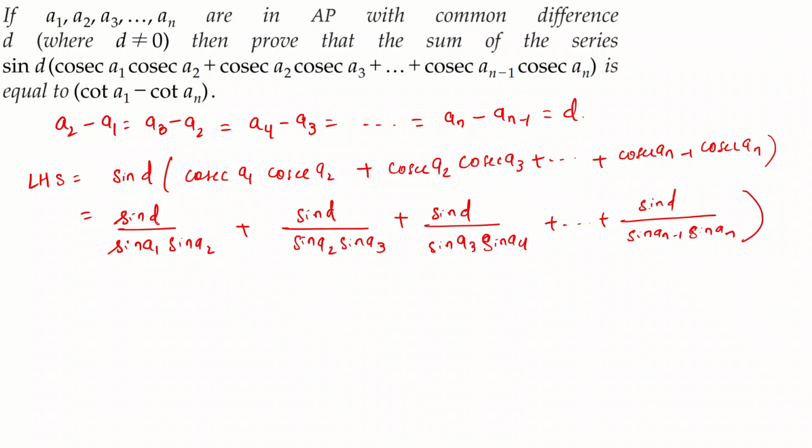Now what I do, I write this d as a2 minus a1, this d as a3 minus a2, this d as a4 minus a3, and this d as an minus a(n-1).